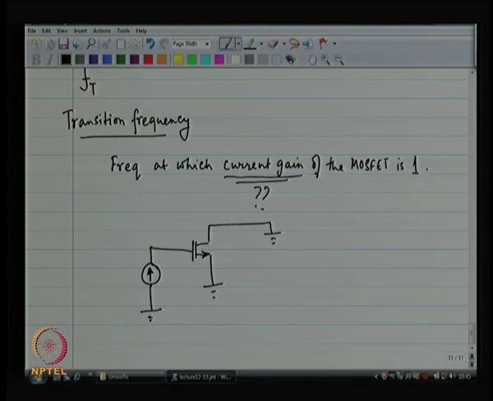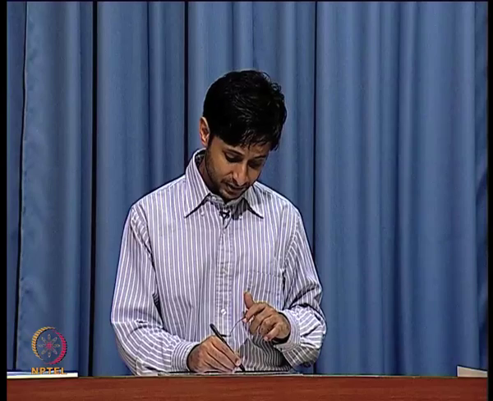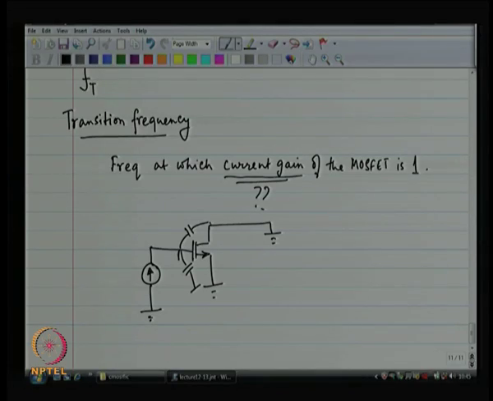Now, if I push a current into the gate of the MOSFET, how can you push a current into the gate of a MOSFET? Isn't it an open circuit? Well, it is an open circuit at DC, but for higher frequencies you have to think about CGS, CGD and so on and so forth.